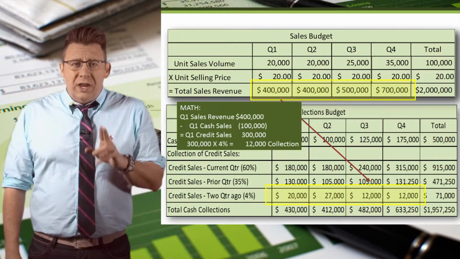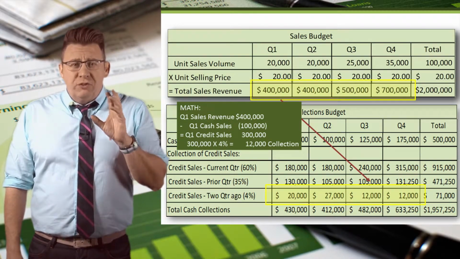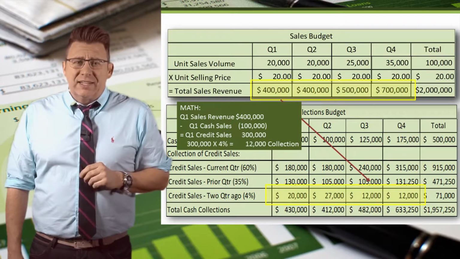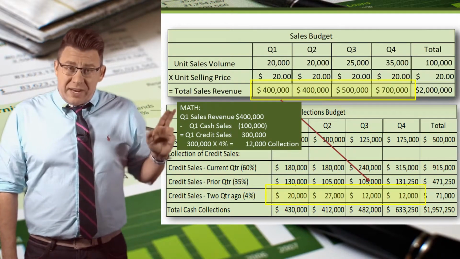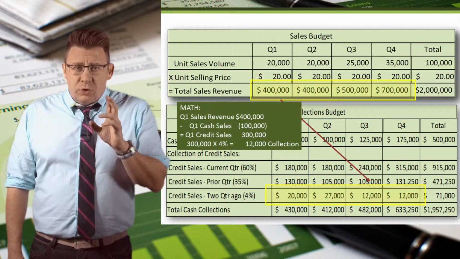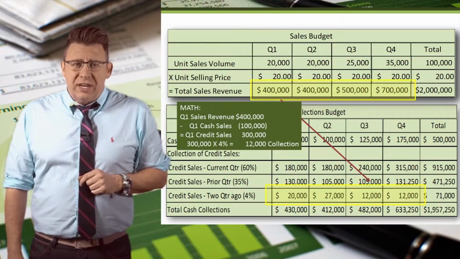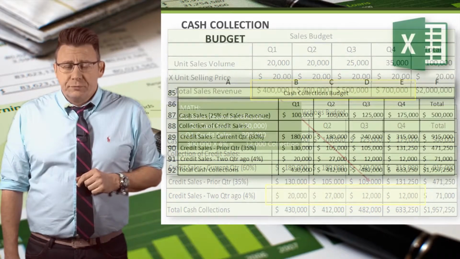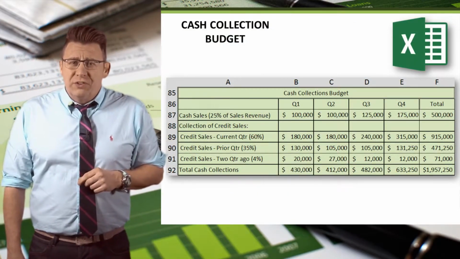And Q1 credit sales, of which 4% is collected in Q3, that's $12,000. So our cash collection for Q3 is $482,000. So now let's look how we would do this in Excel.